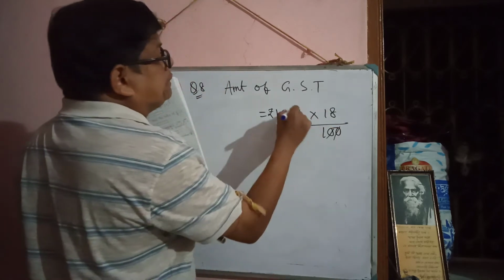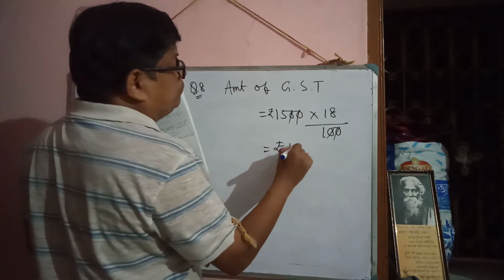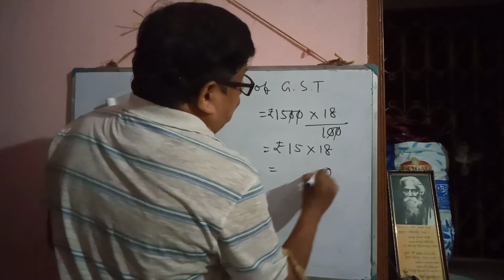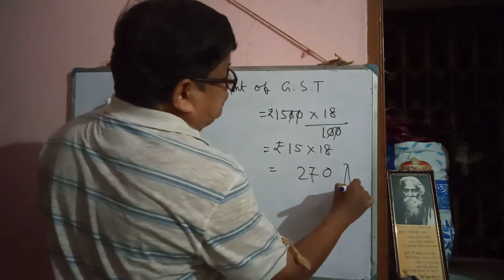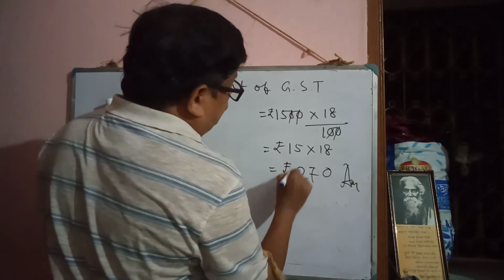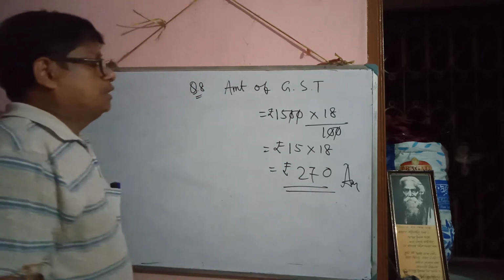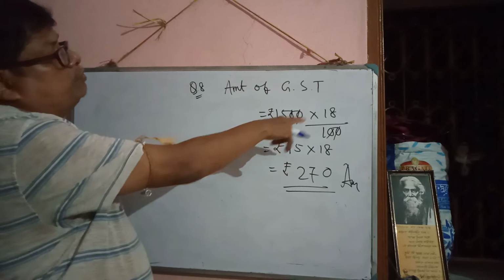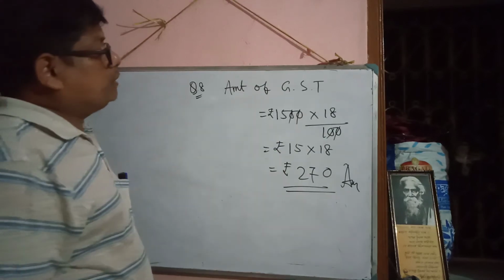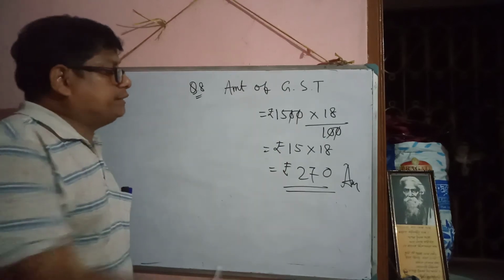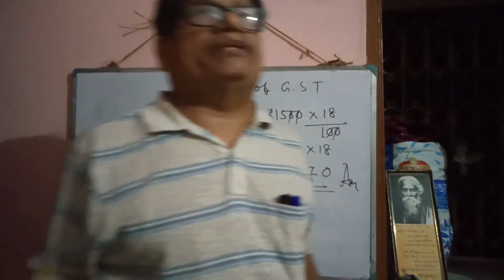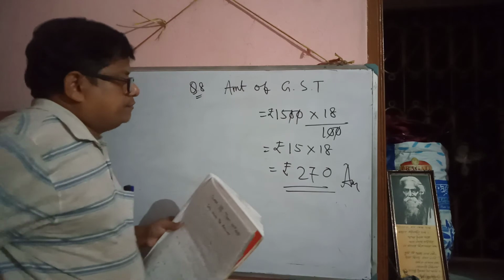So both are cancelled. So multiply here 15 into 18, 270. This is the answer. Rupees 270. Just put the value 1500 into 18 by 100, so rupees 15 into 18, this will be rupees 270. Okay. Next one.